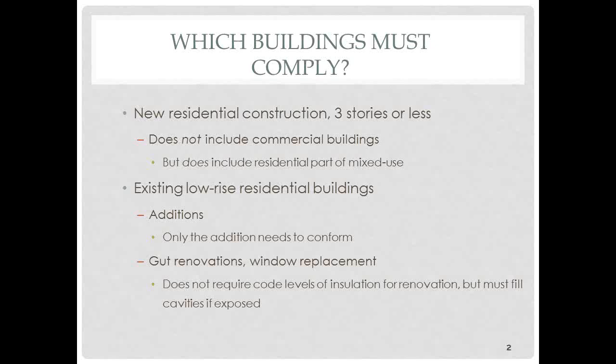And basically what the code says, and again, there's much more detail in the handbook, but in terms of our overview here today, the way you can think about it is that once you open up building cavities, then you may or may not be required to do something with the code. The code does not require you to bring wall assemblies, for example, up to the full R value required by the code for new construction, but you are required to fill cavities with insulation if they're not already full.